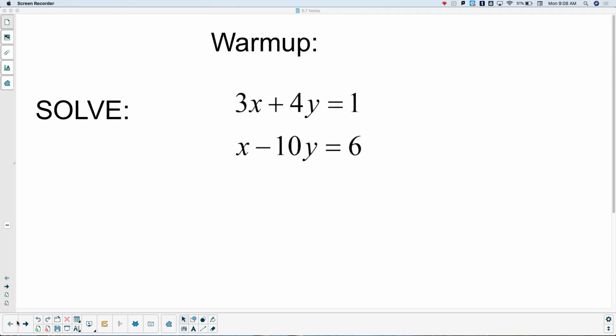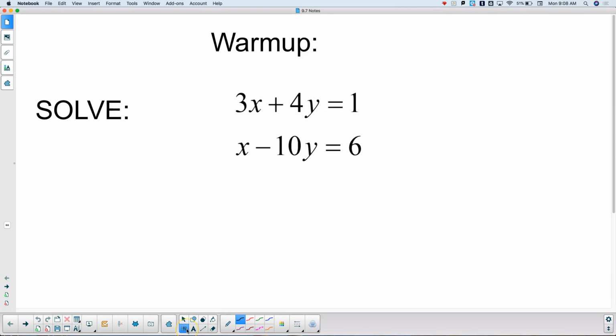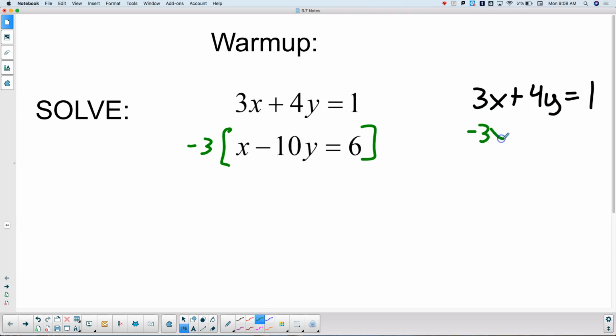Okay? So I'm going to go with the elimination because that's the way that I like the best. So I'm going to go with this equation times -3. If I multiply that equation times -3, I get -3x plus 30y equals -18.